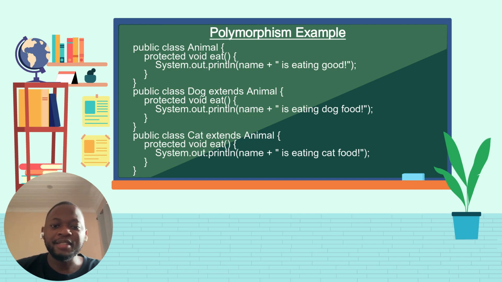Since we expect the dog and the cat to eat different food, we overrode the method and made them behave differently. We'll also be coding this example next, and I'll share more on this matter in the next phase. Okay, that's it. Let's go.